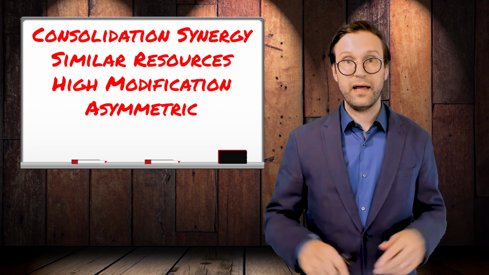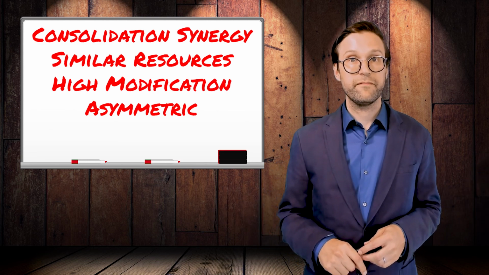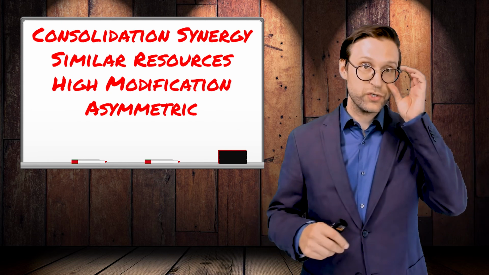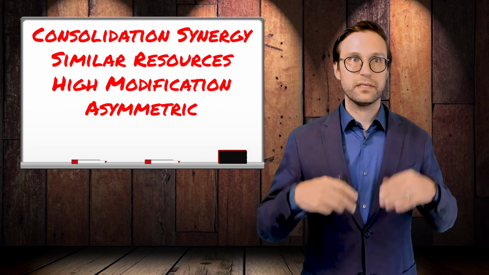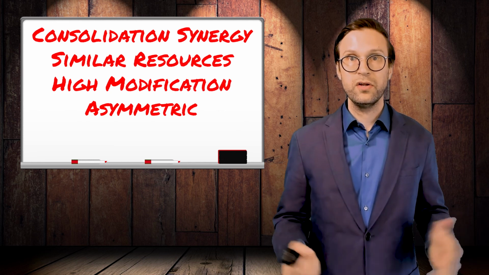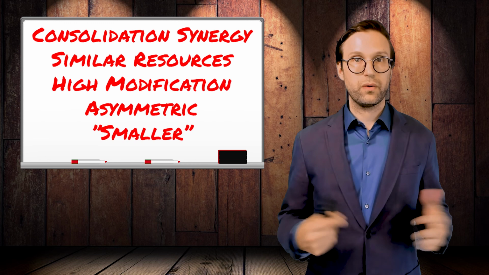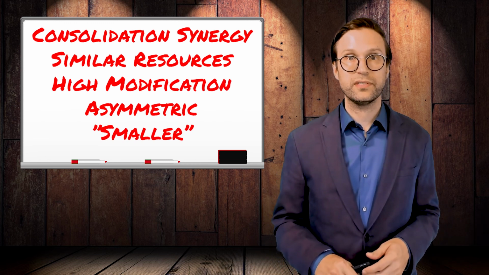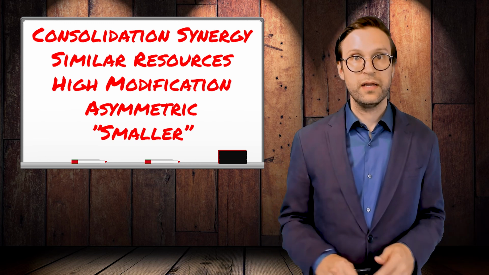This can exist with a lot of different functions within the organization. Again, this is about similar resources and typically modifying those to be smaller. So if you want to use one keyword to remember consolidation synergies, that word is smaller.